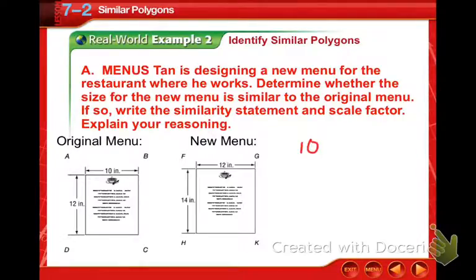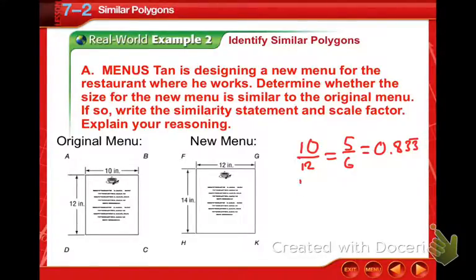So 10 is the side for the top part of the original menu. The new menu, same location as the top, is 12. 10 over 12 simplifies to 5/6, which in decimal, just in case you want to see it, is 0.833 repeating. Then we look at the other two sides.